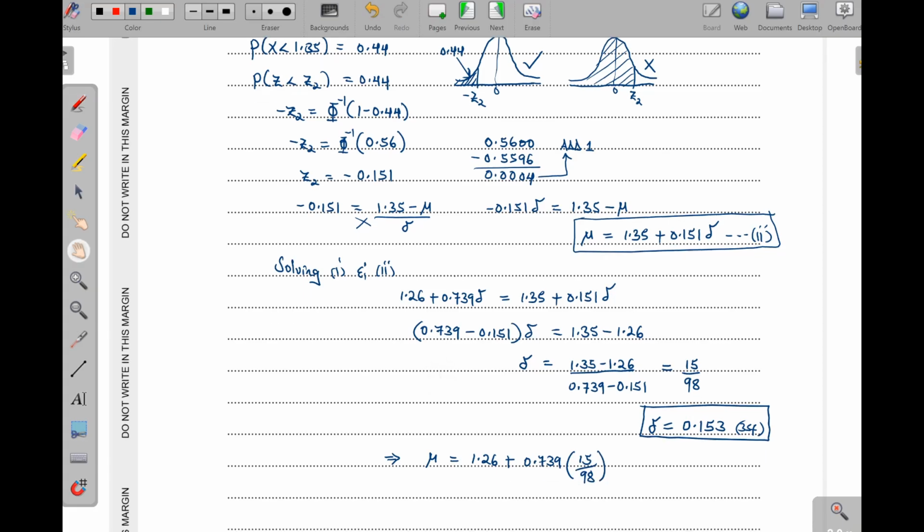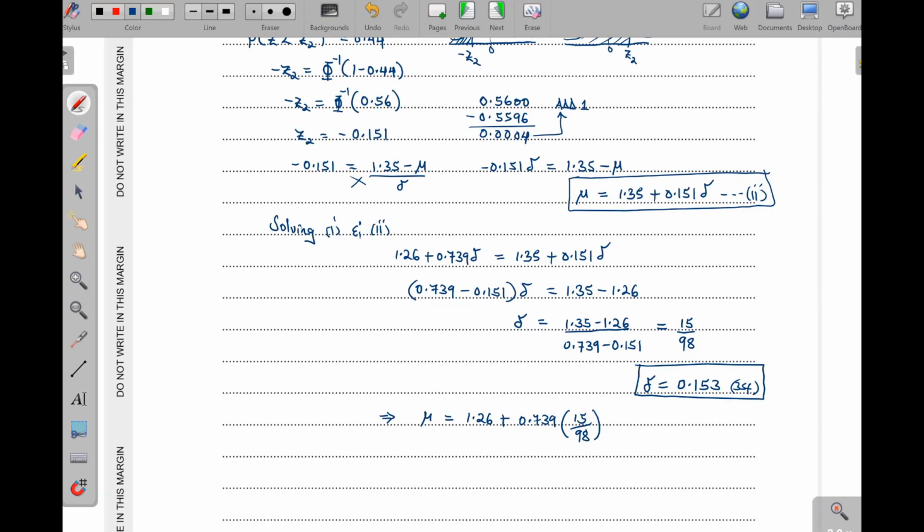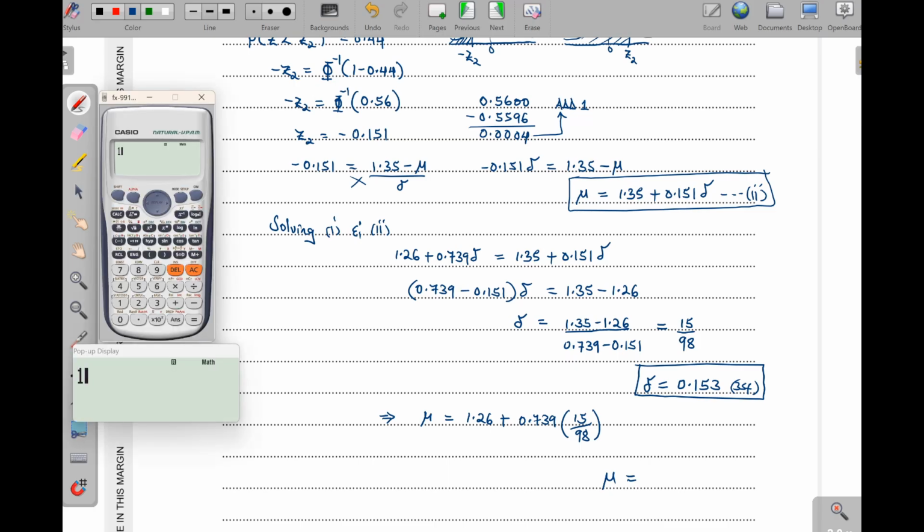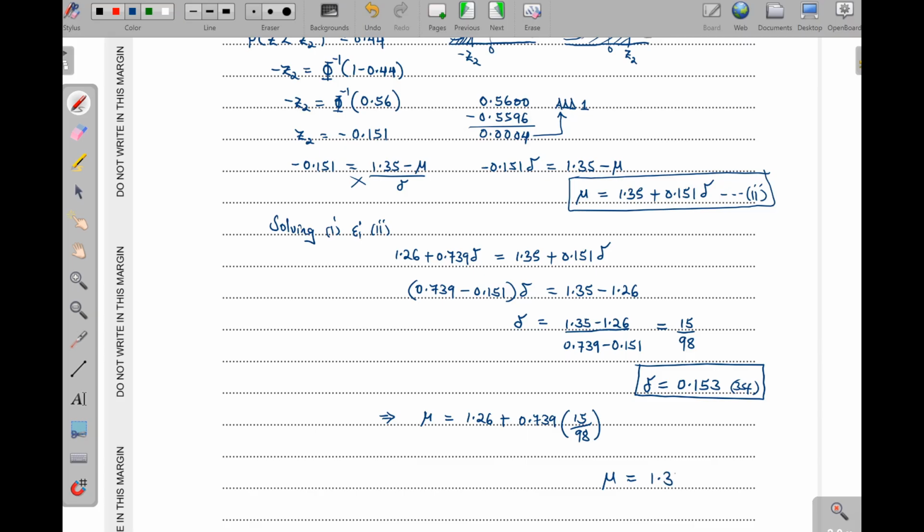And then what shall we get to three significant figures as our value of mean? 1.26, then plus 0.739 times 15 out of 98. We get our answer as 1.37. Three significant figures. So that is that.